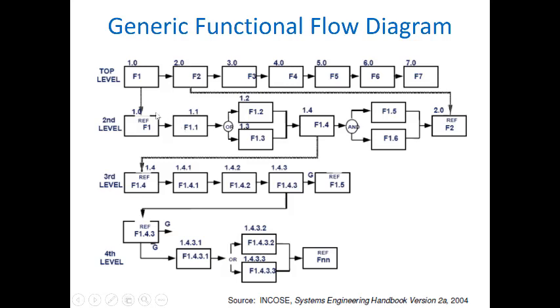In terms of the numbering, if function f1 is defined by 1, I'm going to number the functions that are performed inside f1 as 1.1, 1.2, 1.3, 1.4, and so forth. And I'm going to write the title that each one of the functions has inside the square associated with it.